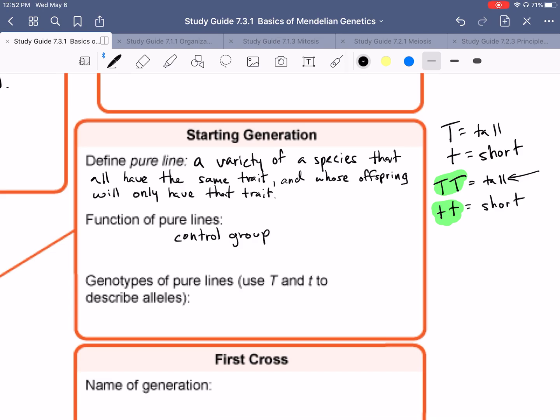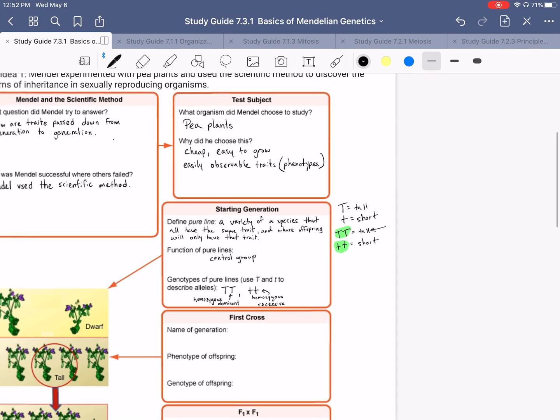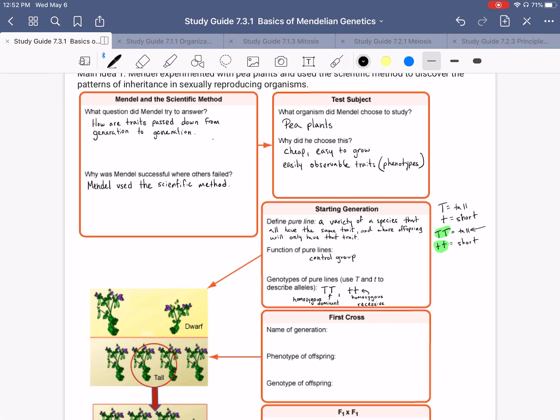The genotypes of the pure lines would be big T, which we would call homozygous dominant, and little t, homozygous recessive. All right, so these are the pure lines.